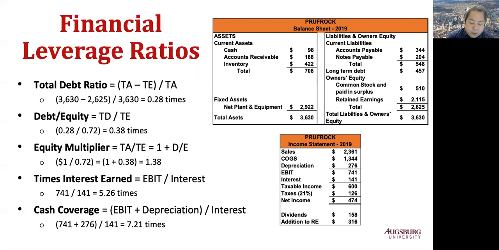The first three ratios are simply measures of the amount of debt relative to the assets. The first one is the most direct. Total debt ratio is total debt divided by total assets. And we know from the accounting identity that total assets equal total debt plus total equity.